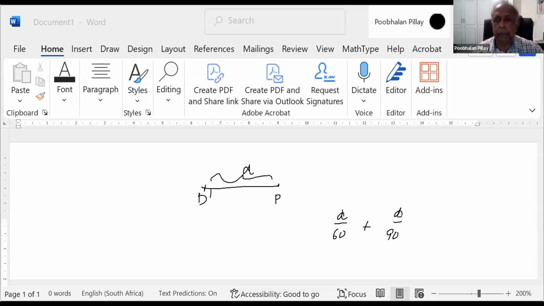So the total time is that, and the total distance it would have traveled is 2d, because it goes up and comes down, and that total distance over total time will give you the average speed. And it turns out that the d's cancel. You can multiply numerator and denominator by 180.